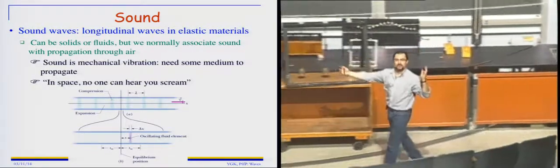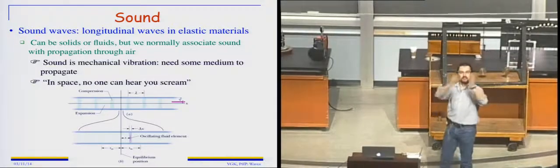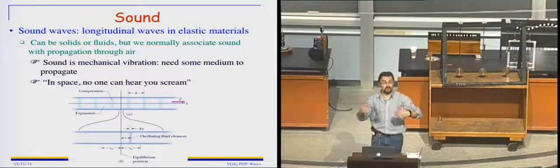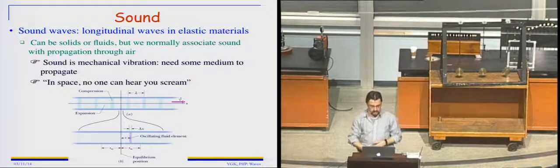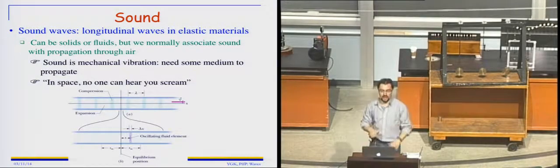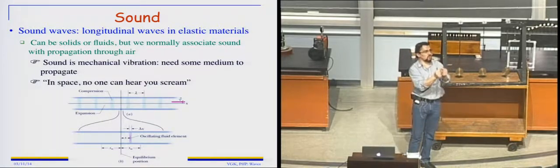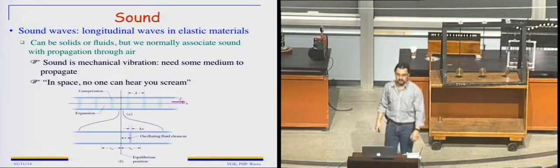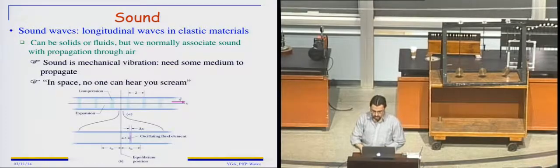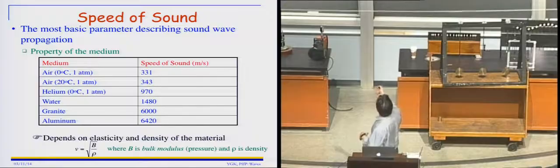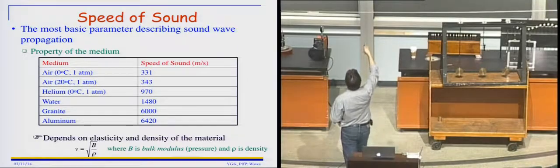If these molecules are farther apart, it takes them time to propagate that vibration. Velocity is smaller compared to when the vibrations happen in a solid or liquid medium, where the molecules are necessarily closer together. So the speed of sound in typical solids is larger than the speed of sound in typical gases.